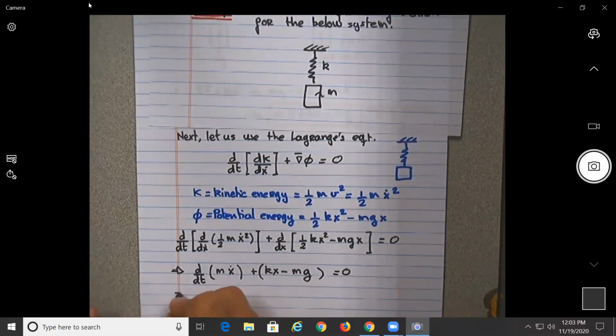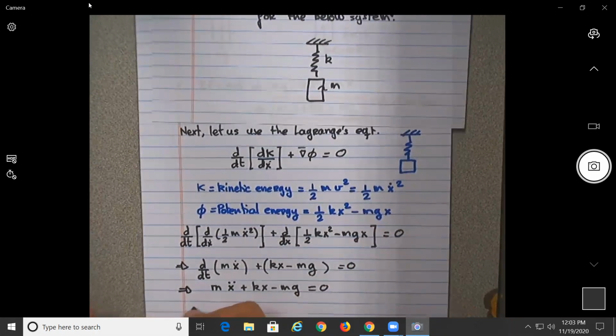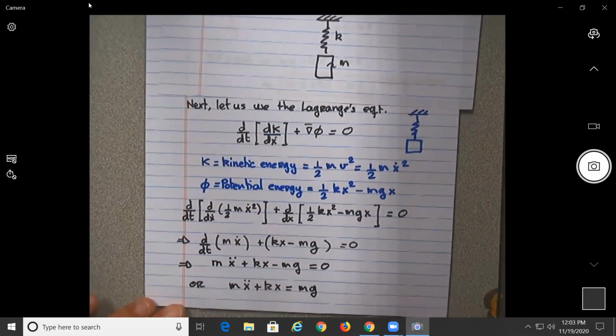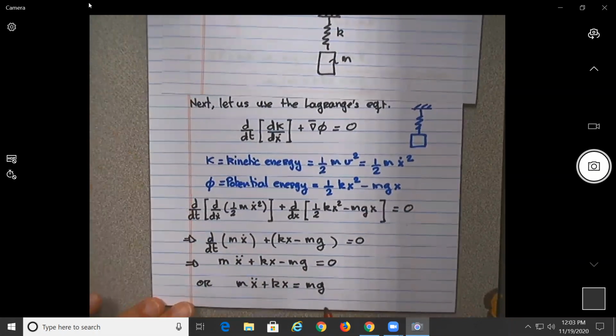So at the end, this will be equal to m x double dot plus kx minus mg equal to 0, or m x double dot plus kx equal to mg, as expected, no?